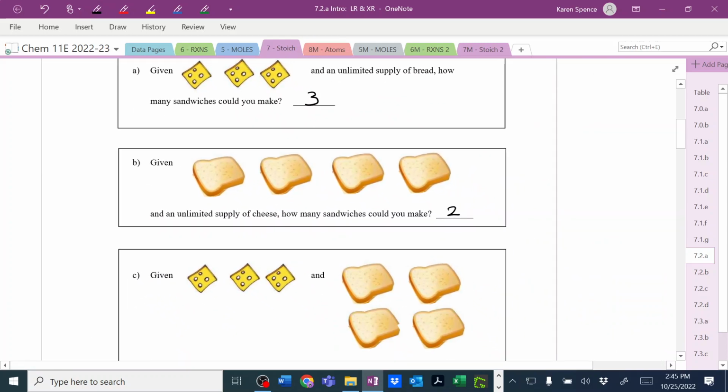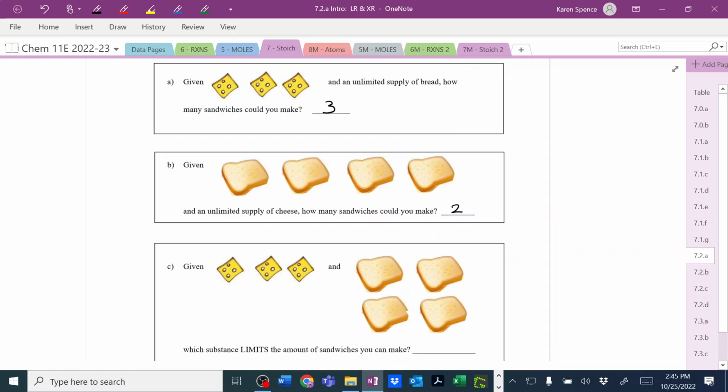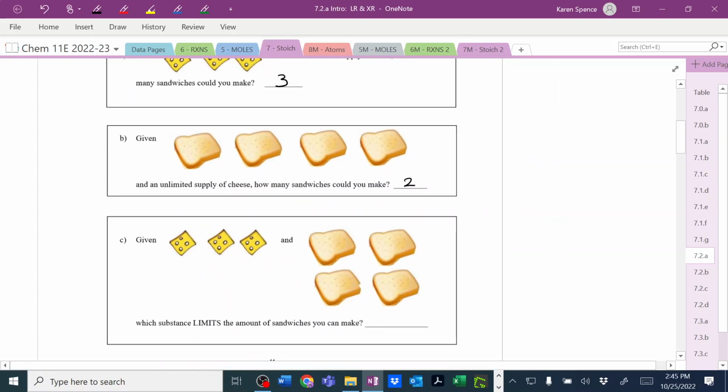So now let's assume that I give you 3 slices of cheese and 4 slices of bread. How many sandwiches can I make? 2 sandwiches. Which substance is limiting the number of sandwiches? The bread.